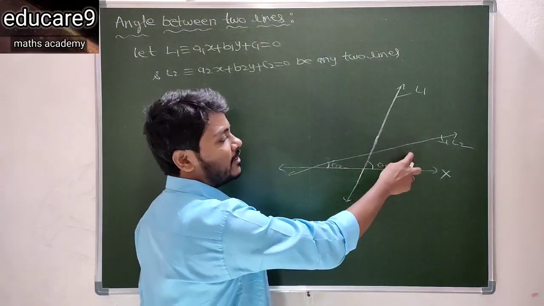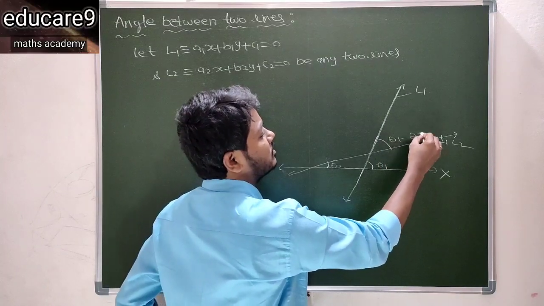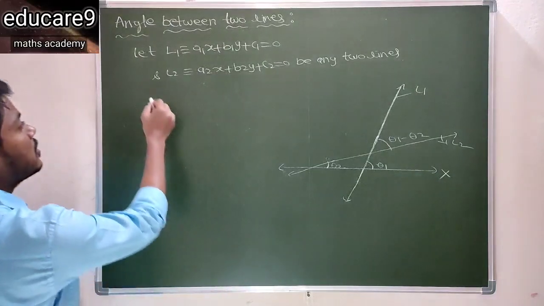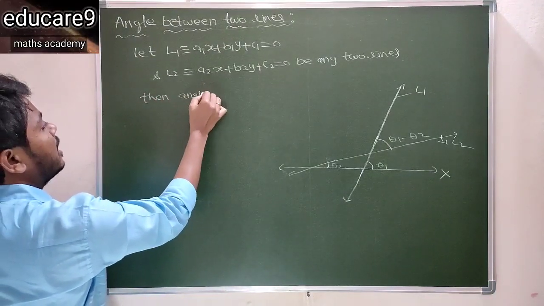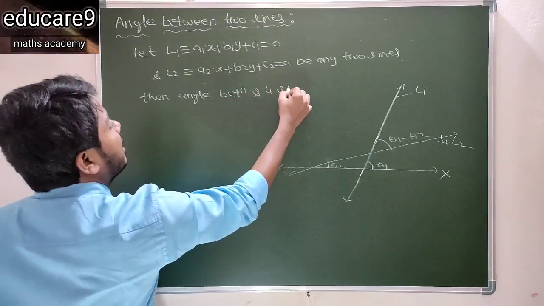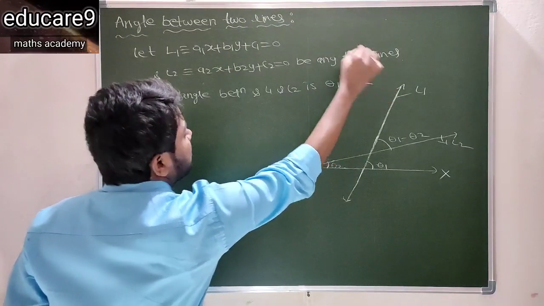Now the angle between these two lines is what? Theta 1 minus theta 2. So this is the angle between two lines. So then the angle between L1 and L2 is theta 1 minus theta 2.